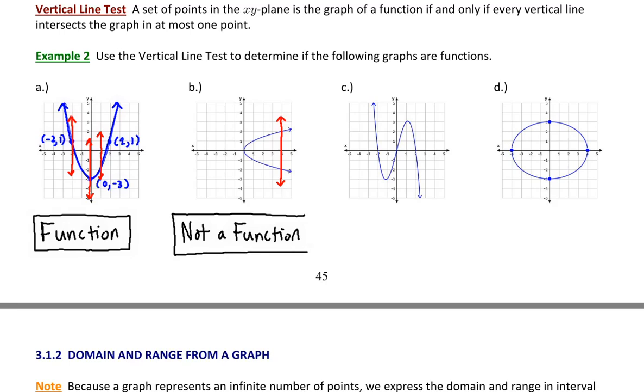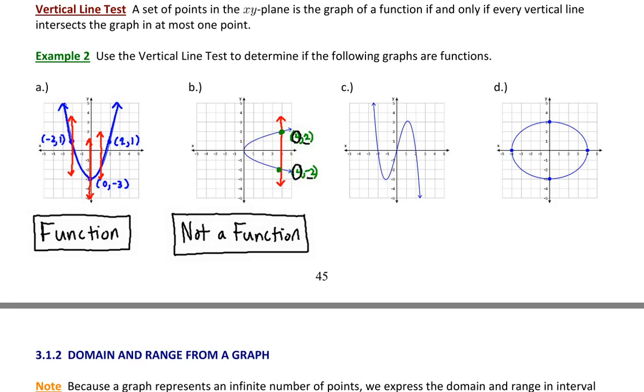Now, let's associate this with the definition that we presented earlier. Observe that this vertical line intersects in 2 points. I can identify the ordered pairs of those intersection points as 4, 2 and 4, negative 2. So we have one x value that has 2 different y values.